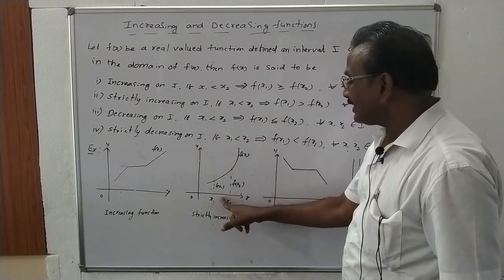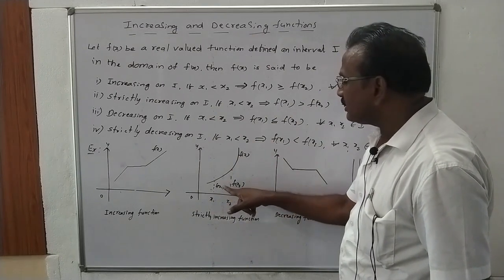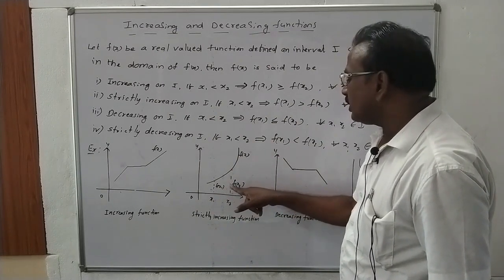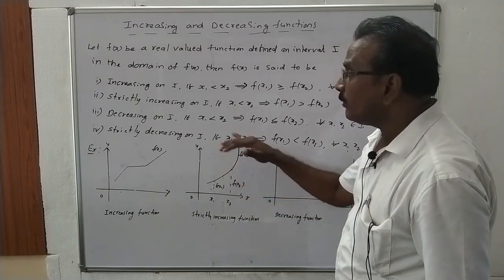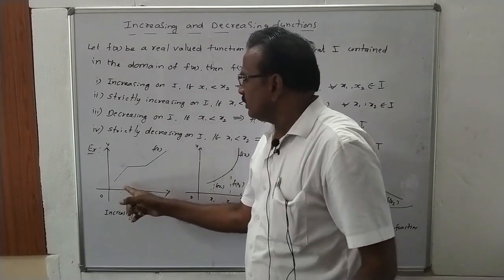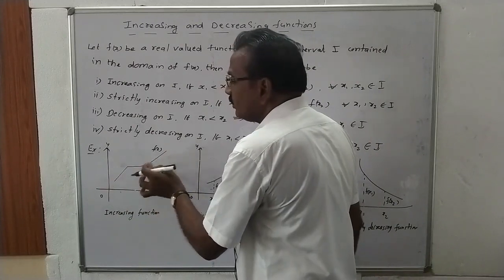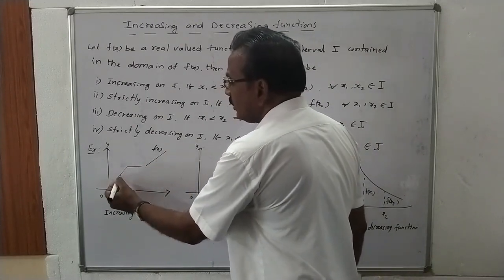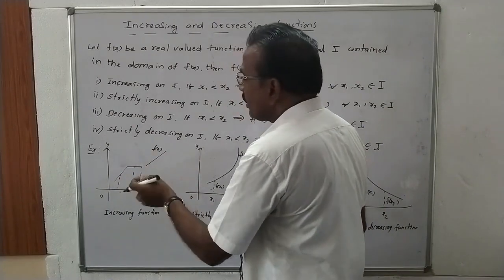If x1 is less than x2 and f of x1, that means the height of the graph at x1, is strictly less than the height of the graph at x2, the function f of x is said to be a strictly increasing function. In this graph, as we move from left to right along the graph, the height of the graph is increasing.